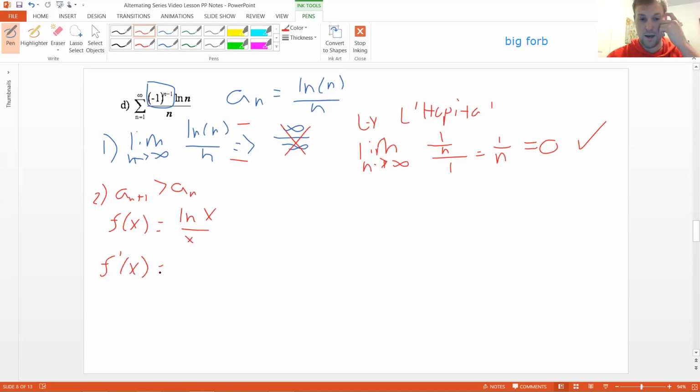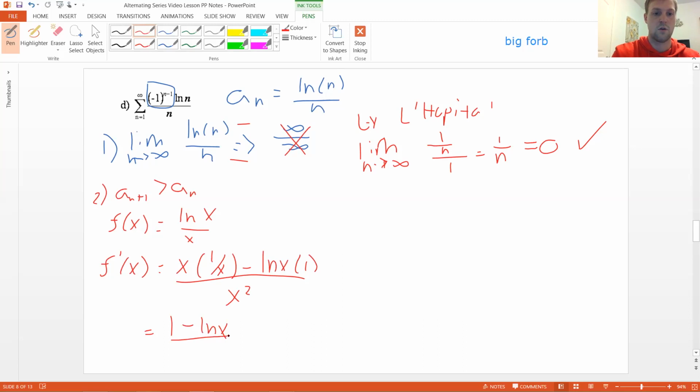In this case we have to do low d high minus high d low all over low squared, which reduces down to 1 minus ln of x over x squared.